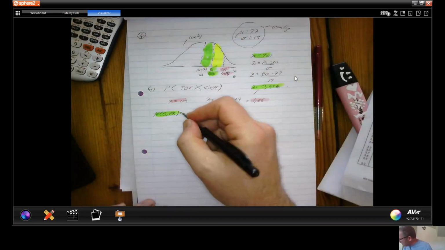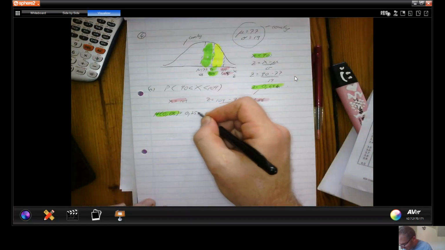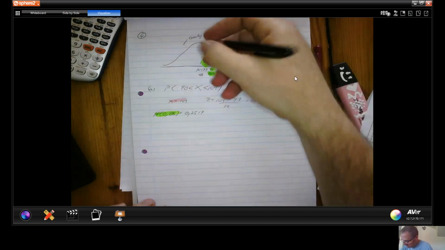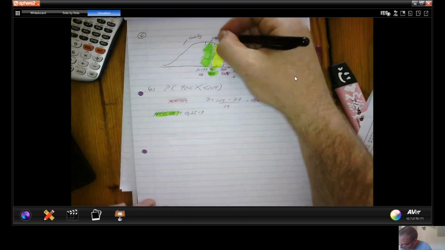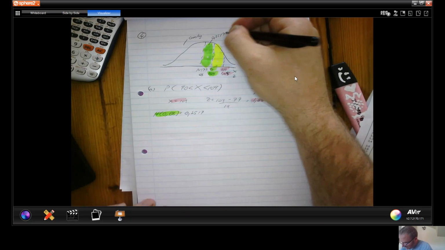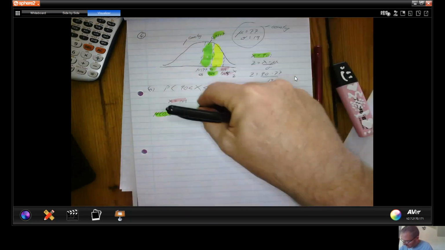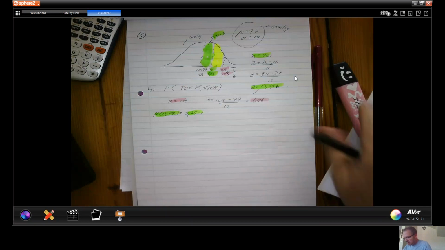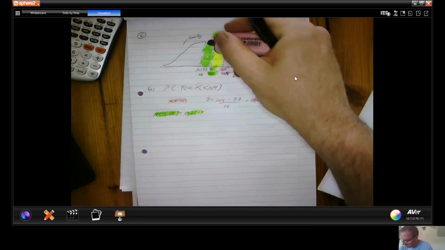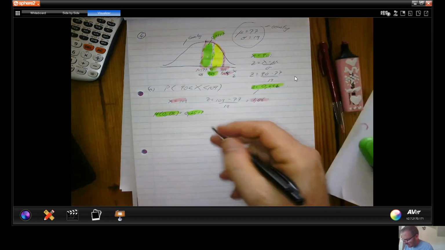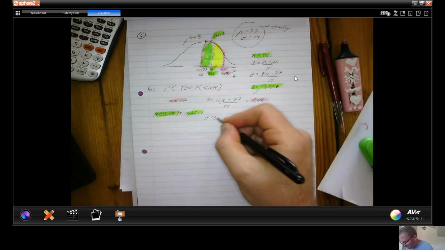H of 0.68 is 0.2517, about 25% of the data, which sounds about right. So the green area is 0.2517. Now we've got to figure out the area up to 1.68, bounded by the pink, and that's going to be H of 1.68.